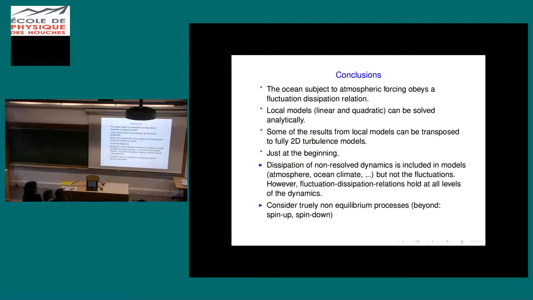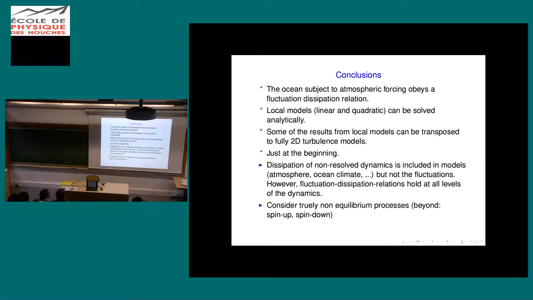And then I consider a truly non-equilibrium process. So it's a process which is evolving, so I cannot continue my experiment forever because energy increases. But I think it is important today that we go to these really non-equilibrium processes, not only spin up and spin down. We have a certain forcing, the system spins up, but before it reaches equilibrium, I think the forcing, the weather system, or what forces it, has already disappeared, has already changed.